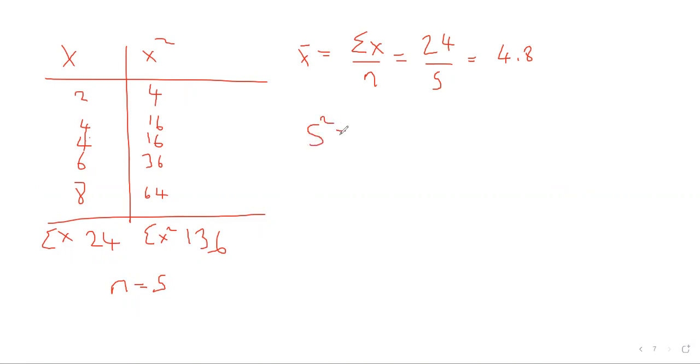Then the variance, the formula is given by summation of x squared minus summation of x squared over n, everything over n minus 1.